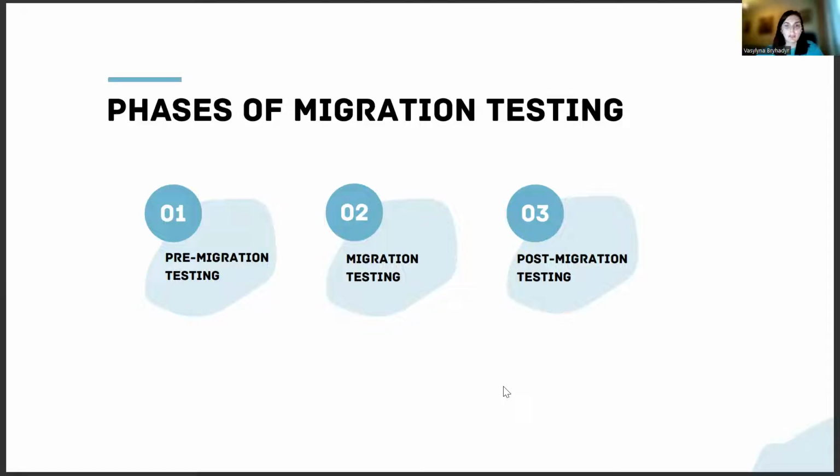The next one and the last one on this slide will be post-migration testing. It will happen when our migration has completed, right? And here we will need to make sure that the whole migration process was executed correctly. And we will need to run a set of follow-up tests that would definitely include some full cycle regression testing.